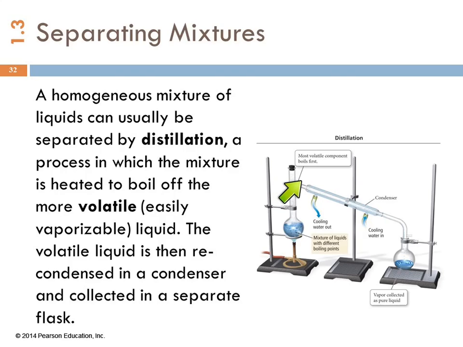But the only way it can get out is through this tube. This is a condenser, and it's got cold water running around the outside, which cools the alcohol down into a liquid, and then it comes and it drips out into this flask over here. And as you heat this, the alcohol escapes and the water stays behind. And so we can separate things based on difference in boiling point.